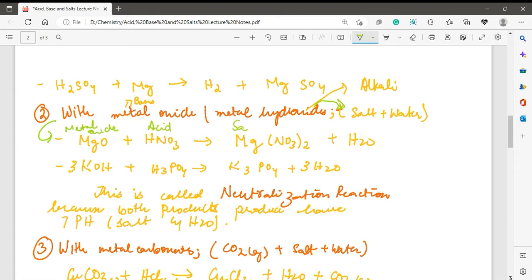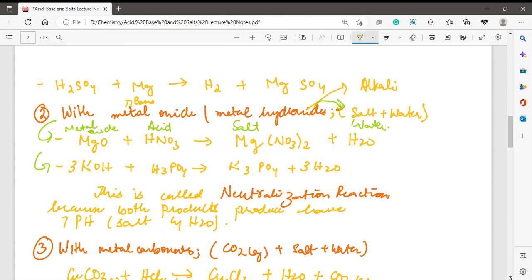One is the salt, which is magnesium nitrate, and the second one is water. This is another example where potassium hydroxide is reacting with an acid and it is producing salt and water.